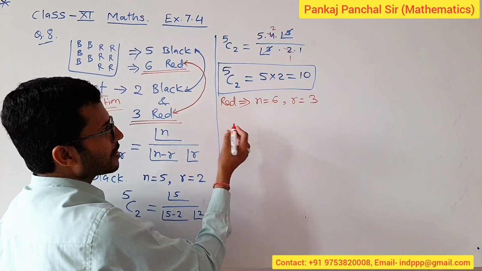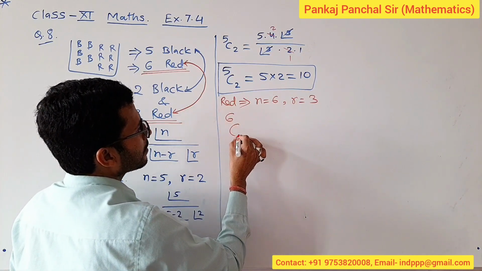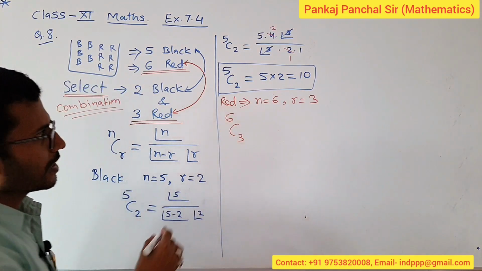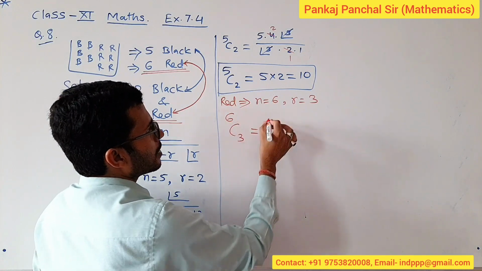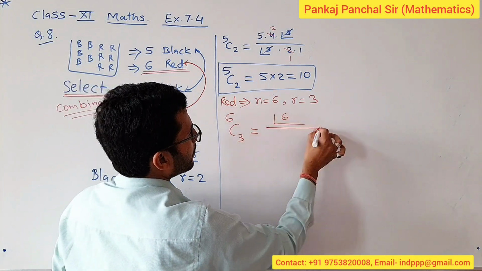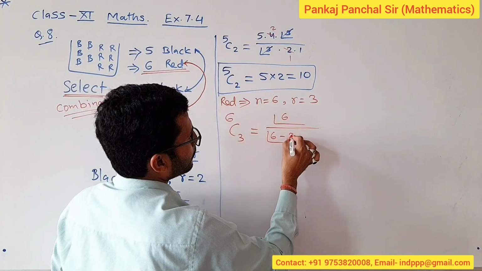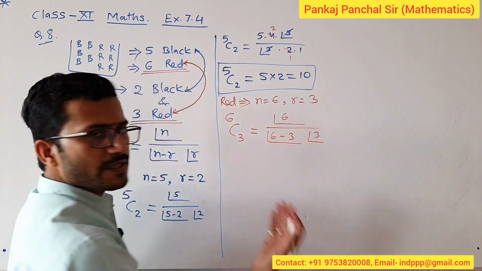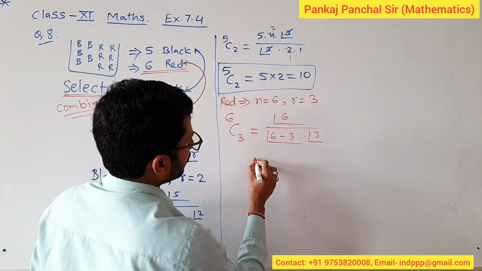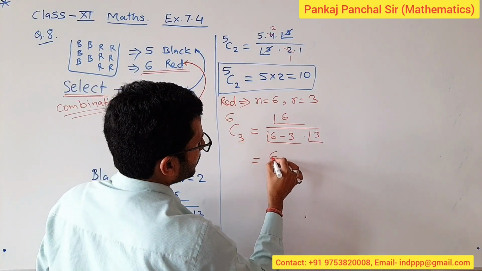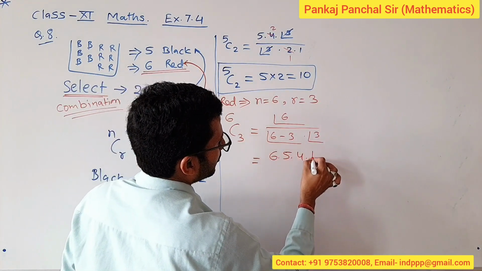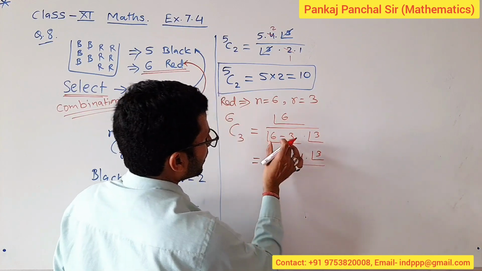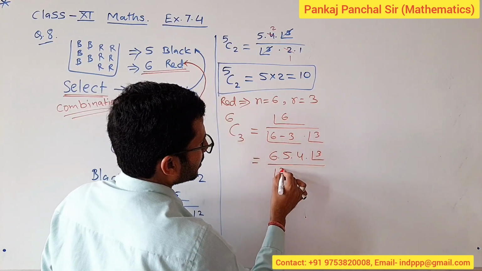So nCr we will apply: 6C3. It will give factorial 6 divided by factorial 6 minus 3 into factorial 3. Now 6 minus 3 is 3. So factorial 6 is 6 into 5 into 4 into factorial 3, and here 6 minus 3 is factorial 3.